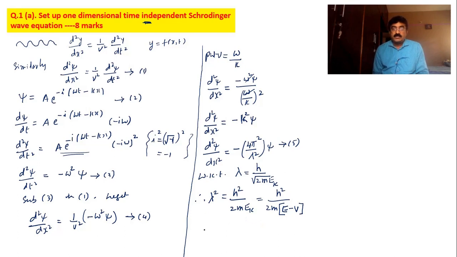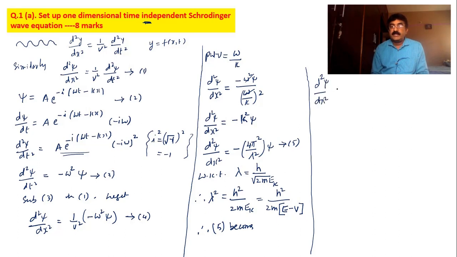Now equation 5 becomes, please look at equation number 5. Substitute in equation number 5. Let us see what will happen. d square psi divided by dx square is equal to minus 4 pi square, divided by, in the place of lambda square, I write h square divided by 2m into E minus V, multiplied by psi.